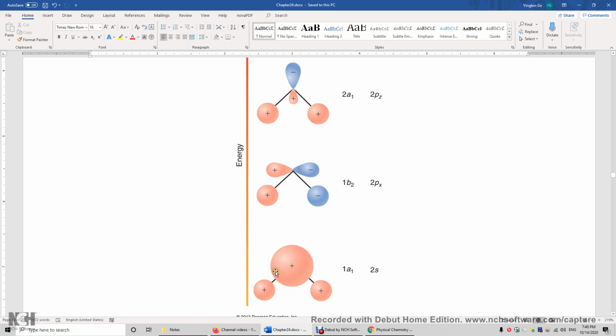Again, the bottom half of this 2s orbital interacts with these 2 1s orbitals. So it's not entirely 100% bonding orbital. So part of it is lone pair, part of it is bonding orbital. Same here. So not 100% bonding, not 100% bonding. So together, this one, this one, this one together, you have 4 bonding electrons and 2 lone pair electrons.